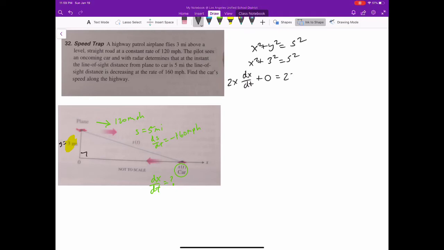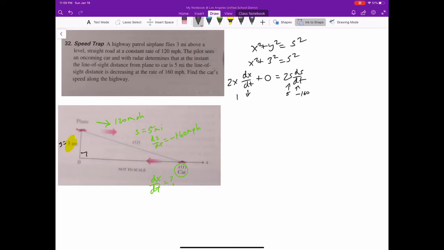Equals 2s ds over dt. We're looking for dx dt. We have s, which is 5. ds dt, we have as negative 160.